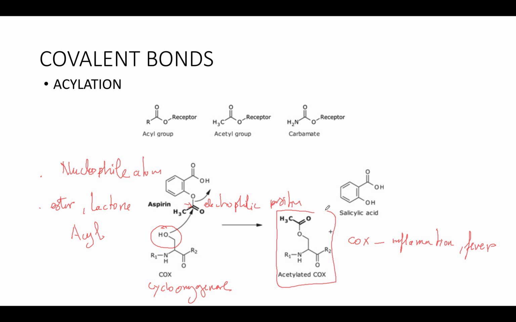And so when this enzyme is acylated, it loses its activity. So there are some other cyclooxygenase inhibitors, but aspirin is the only one that actually does it in a covalent manner. So there are other ways to block the cyclooxygenase enzyme as well.